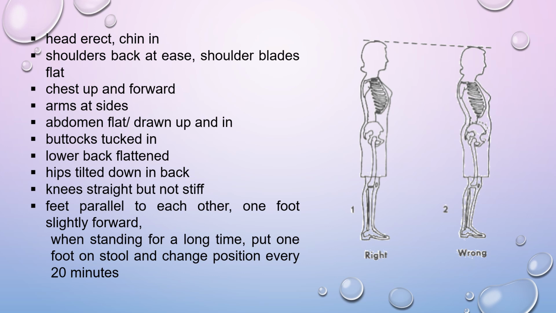We have here buttocks tucked in, lower back flattened, hips tilted down in back, knees straight but not stiff, feet parallel to each other, one foot slightly forward. And of course, when you're standing for a long time, you have to put one foot on a stool and change position every 20 minutes.